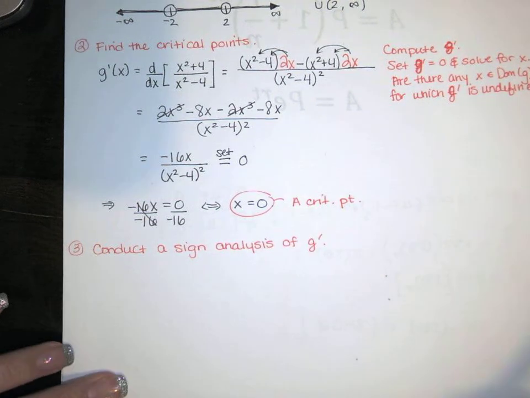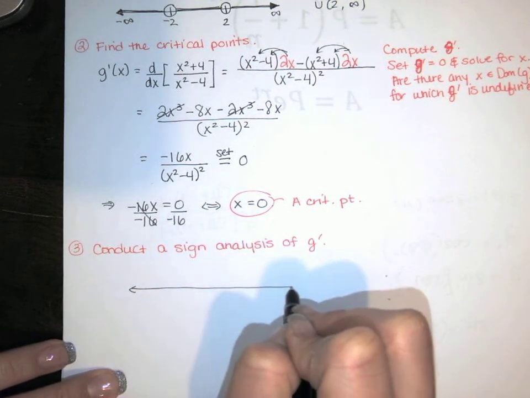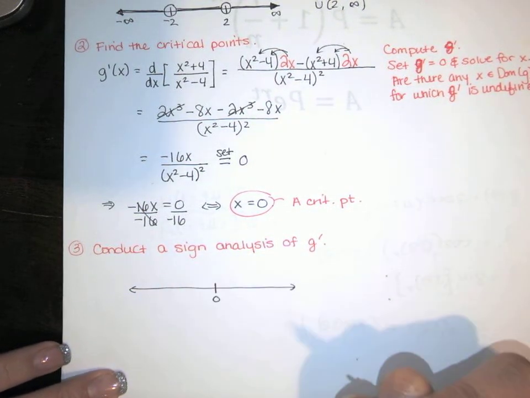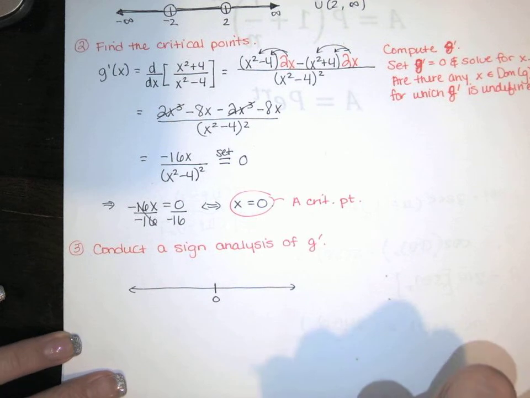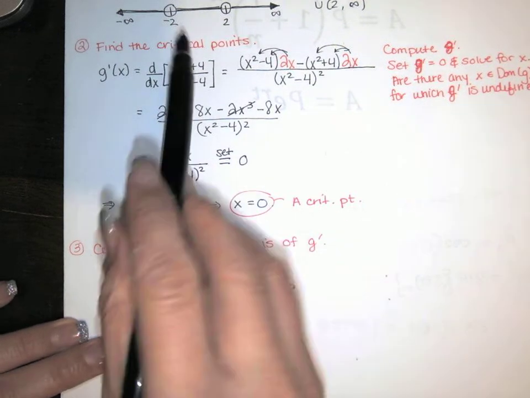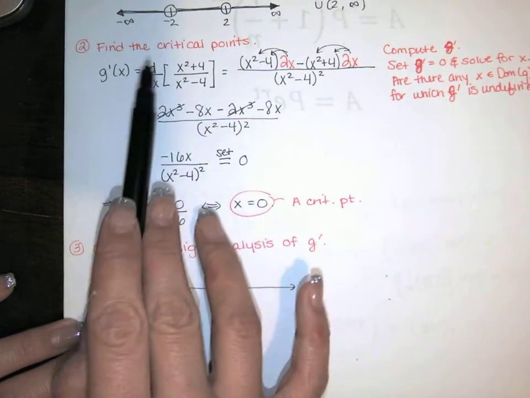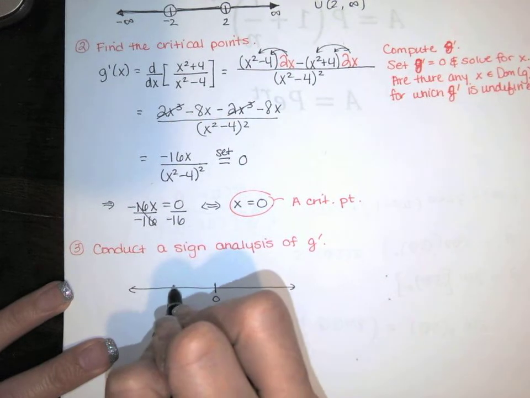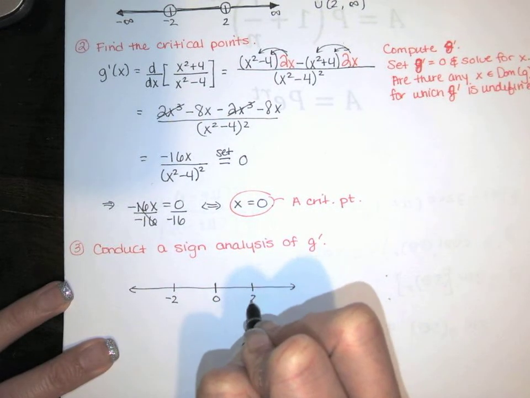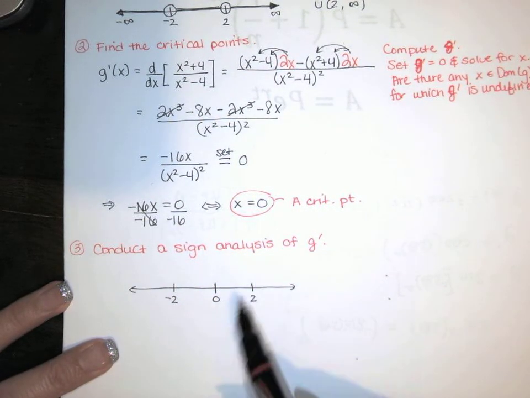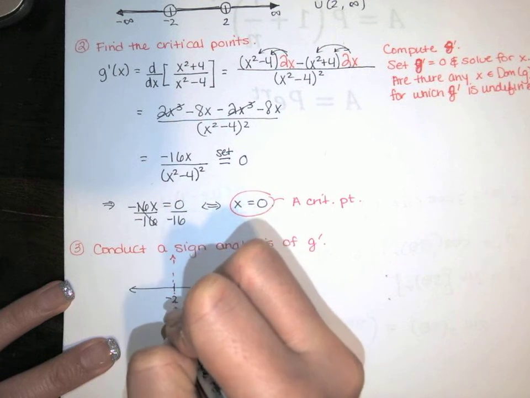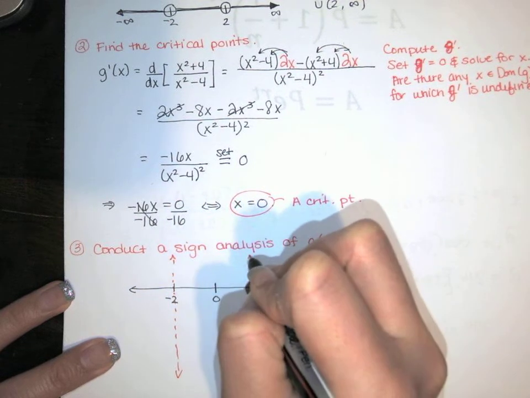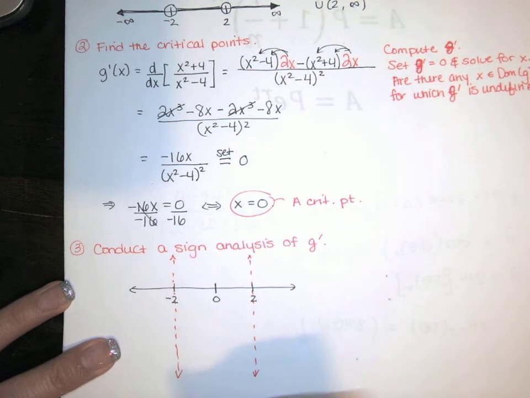Now, when you do your sign analysis, you need to put the critical points on the number line and any x values for which the function is undefined, because those two vertical asymptotes that correspond to x equals negative 2 and positive 2, those define intervals. So I need to put those on here too, but I need to remember that those don't correspond to relative extrema. So I'm just going to draw a big line like this to remind myself that x equals negative 2 and x equals positive 2 are vertical asymptotes.